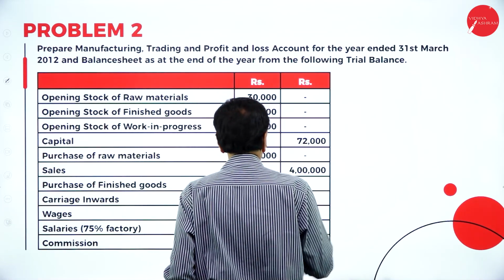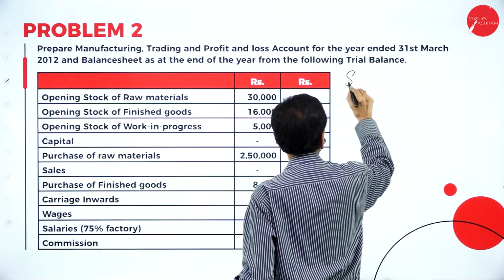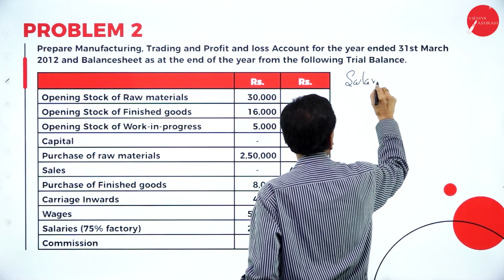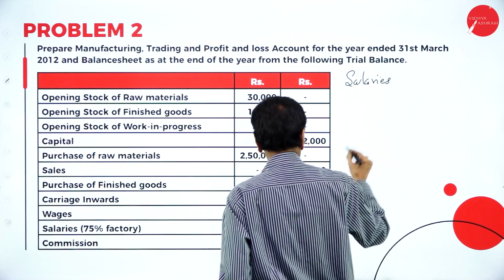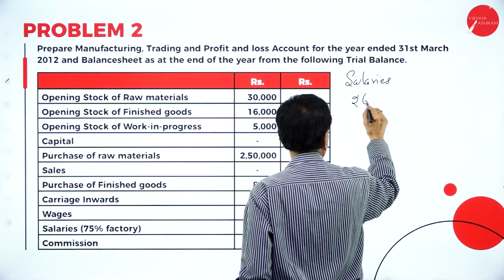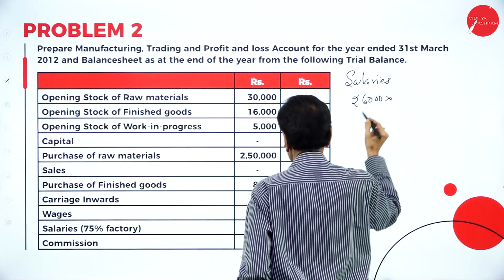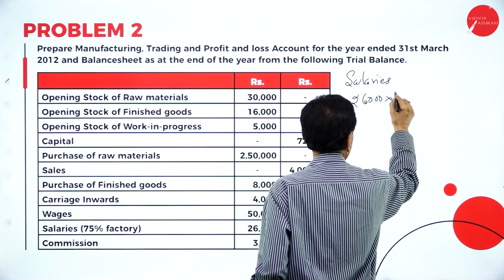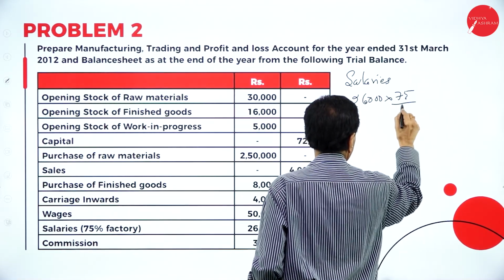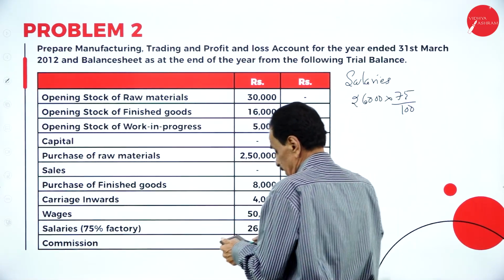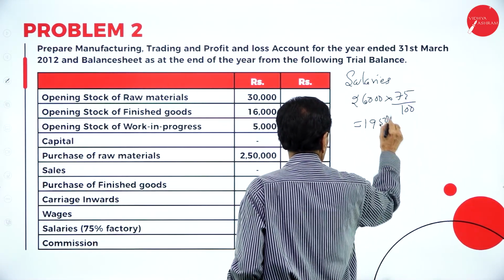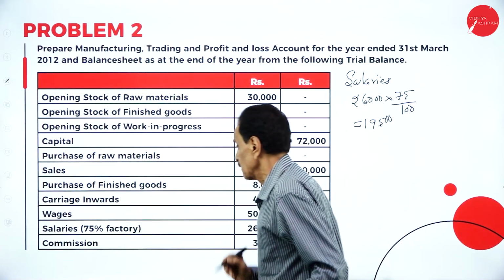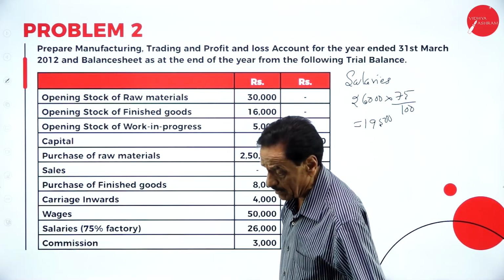This is salaries. 26,000 into 75 divided by 100 is called 19,500. It goes to factory, meaning manufacturing account.